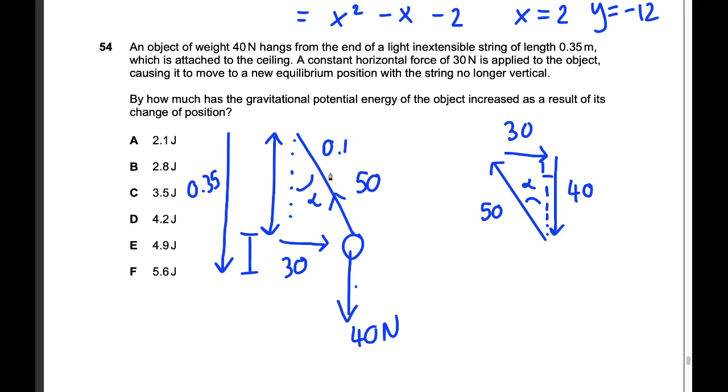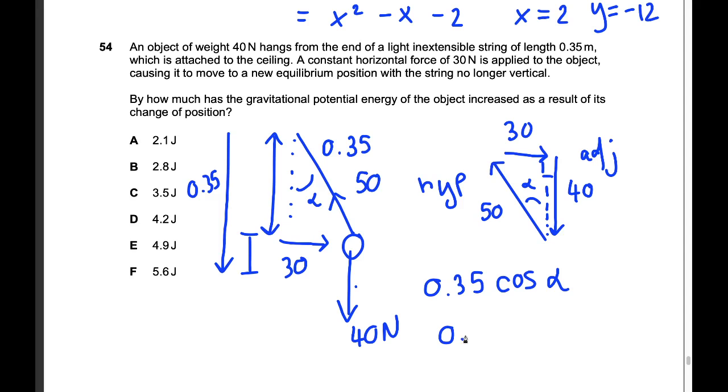So we're going to be using 0.35 cos alpha, and you can use the vector triangle here to work out exactly what cos alpha is. From this triangle, the adjacent is the 40, and this is the hypotenuse, the 50. So it's going to be 40 over 50.